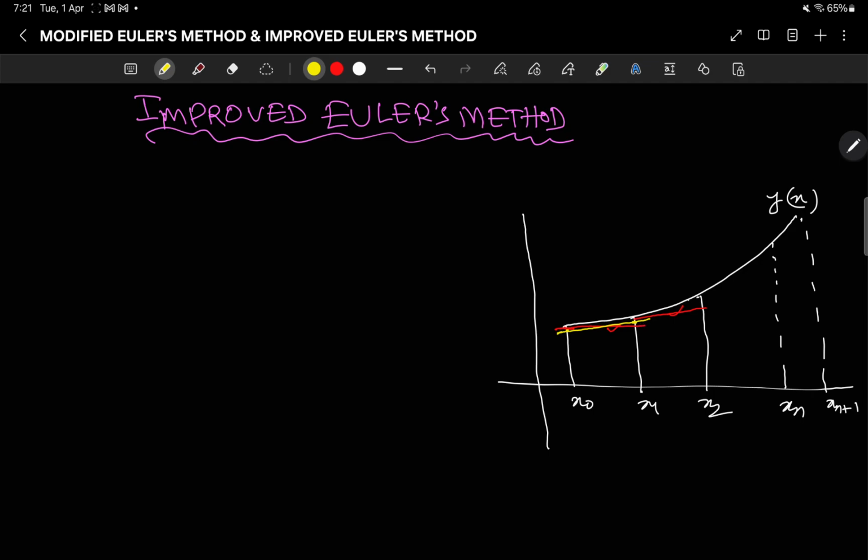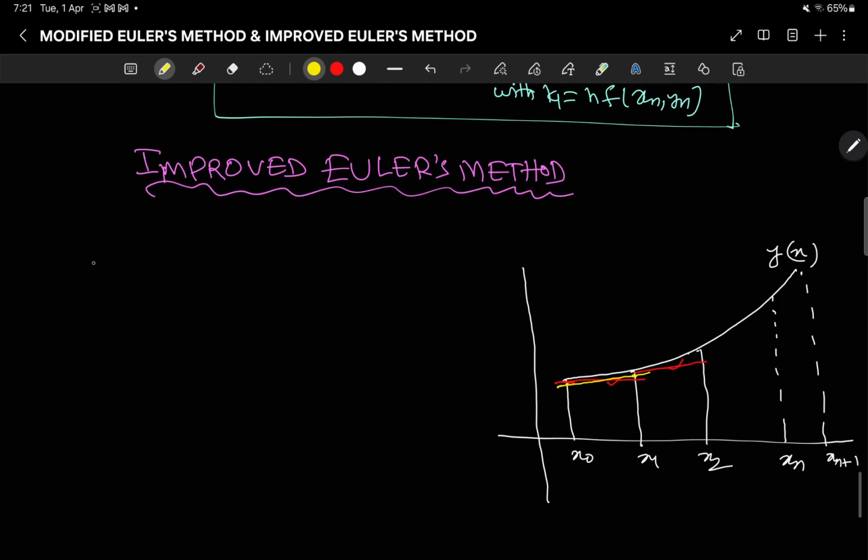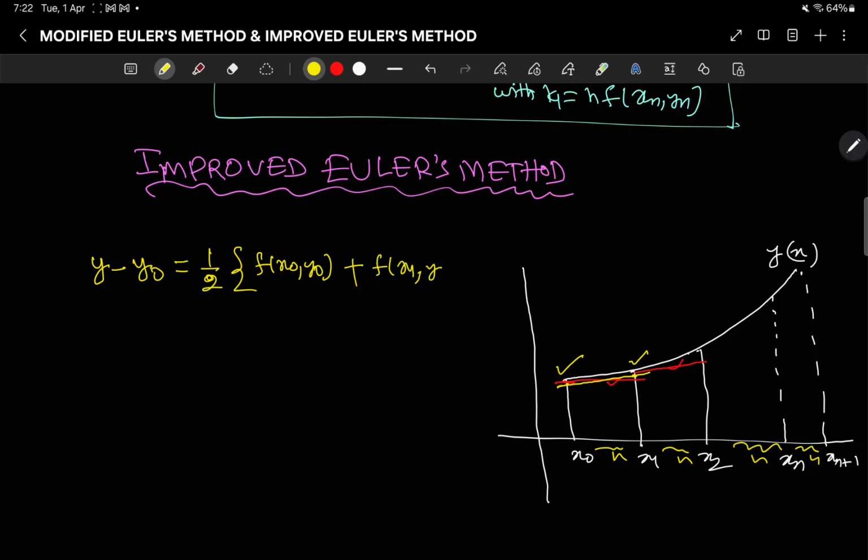Now the equation of the tangent here is y minus y0 equal to the slope, where I am taking the half of the average slope: f(x0, y0) plus the slope at this point, f(x1, y1), into x minus x0. But I need to find the approximate y1 here.